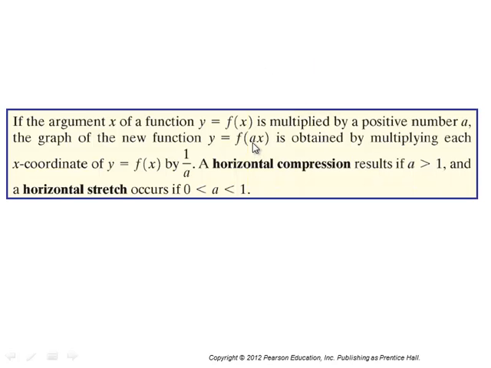If a is greater than 1, it'll be a horizontal compression. If a is between 0 and 1, it'll be a horizontal stretch. So play around with all this on your graphing calculator to see what the square root of x looks like compared to the square root of 2x or square root of 3x or square root of 0.2x. All right.